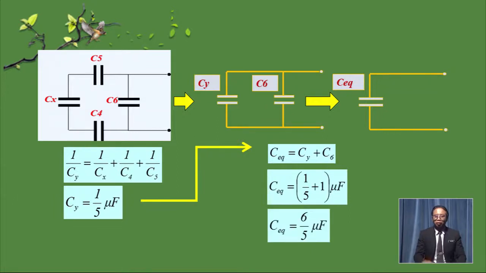C equivalent equals 1 over 5 plus 1 microfarad, so C equivalent equals 6 over 5 microfarad.